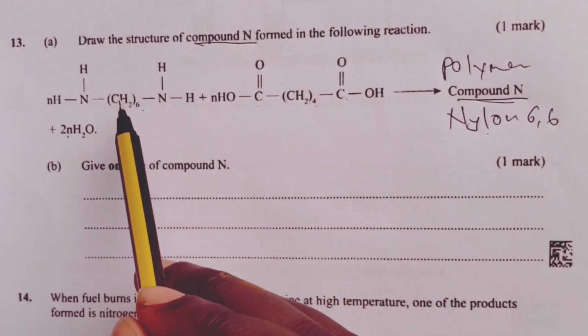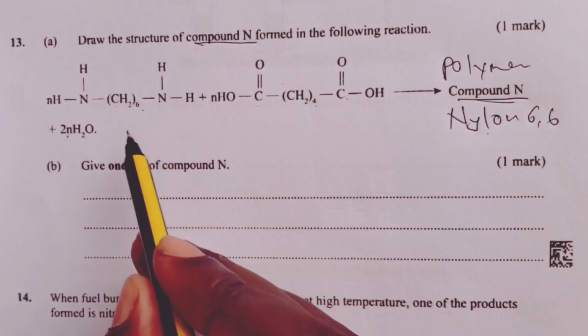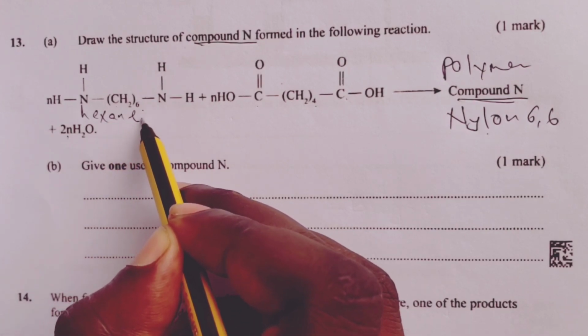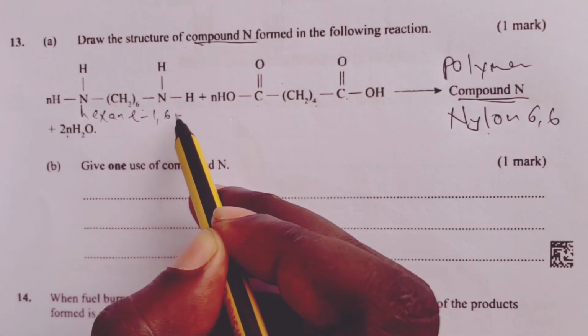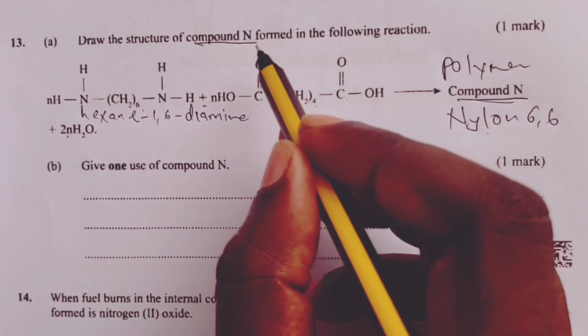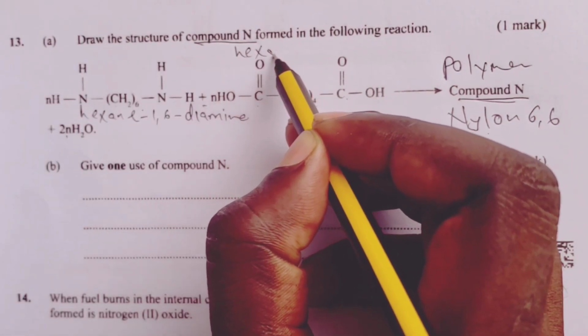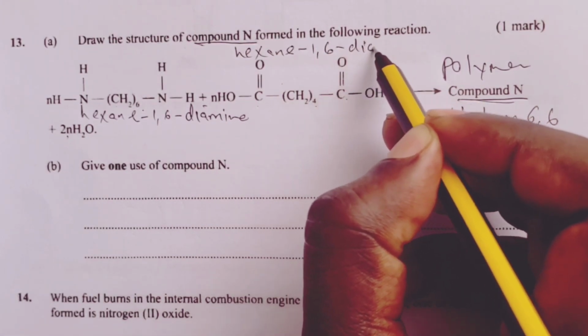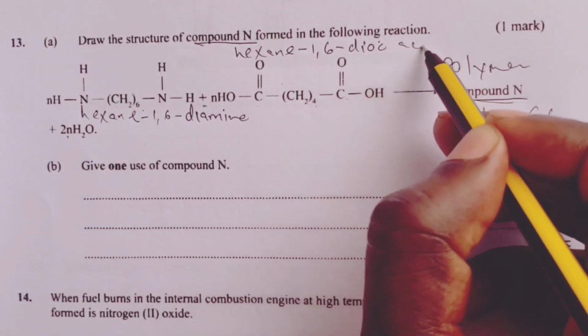Now, the 2 monomers, the first one has a name of hexane 1,6 diamine, and the second one here has a name of hexane 1,6 dioic acid.